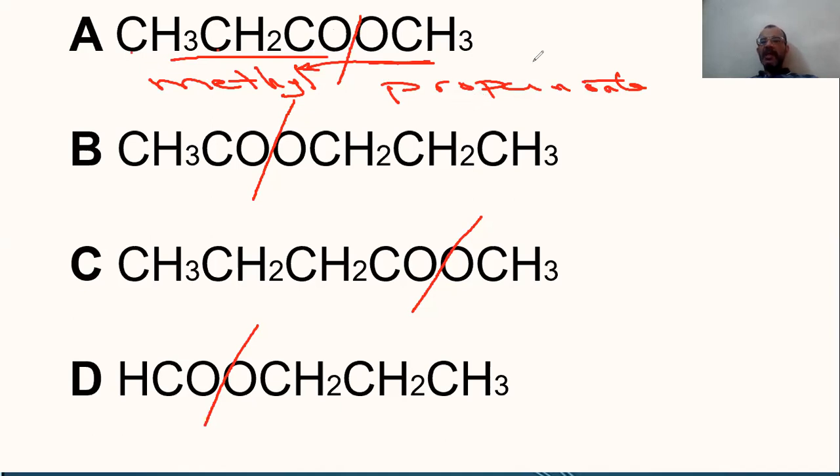And now let's see how many carbon atoms and how many oxygen atoms are in this compound. One carbon atom here, then 1, 2, 3, 4. So this one is C4. Why C4?